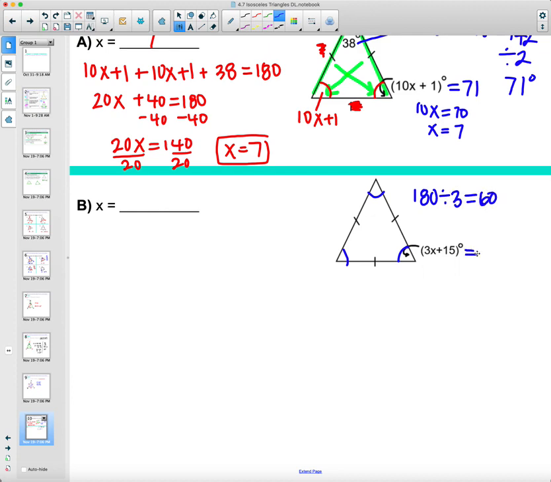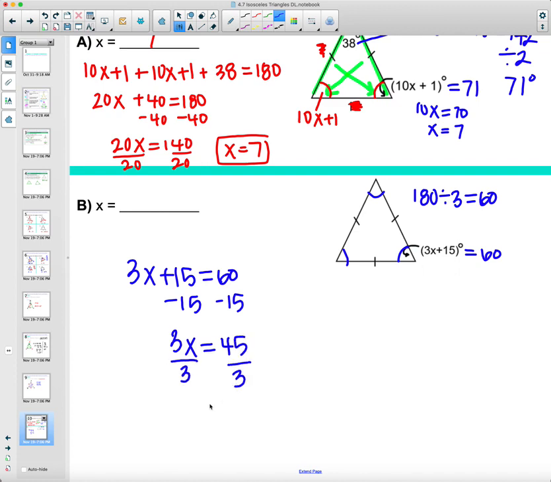So we actually know that this angle right here is equal to 60 degrees. So 3x plus 15 is equal to 60. So then you just need to solve, subtract 15 from both sides. So you get 3x equals 45, divide by 3, and you get x equals 15.